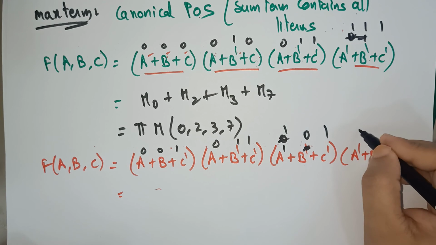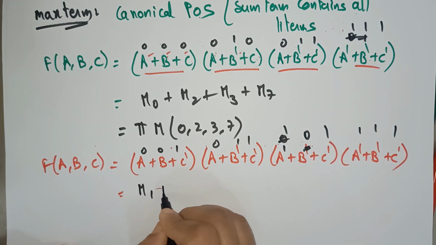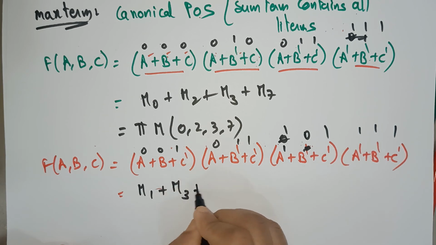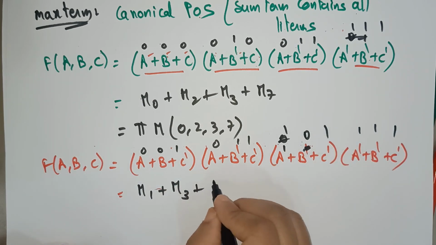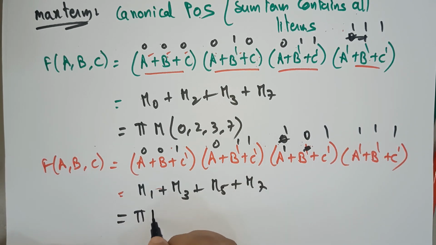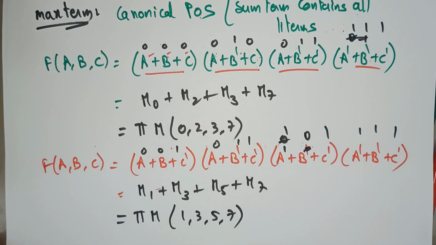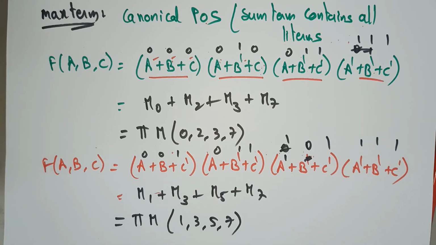And this is 1, 1, 1. So then you get M1 plus M3, and 1, 0, 1 means M5, and this is M7. So you can also represent it as pi M 1, 3, 5, 7. So this is about the max terms.